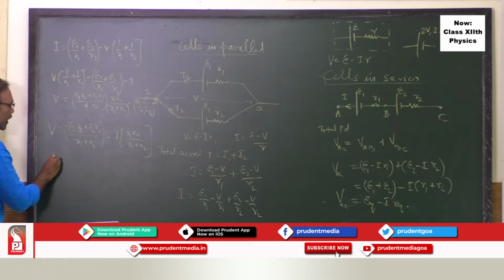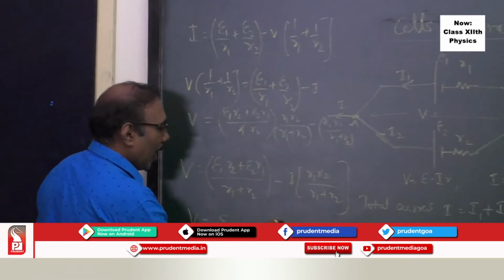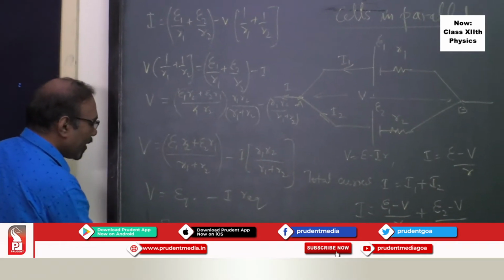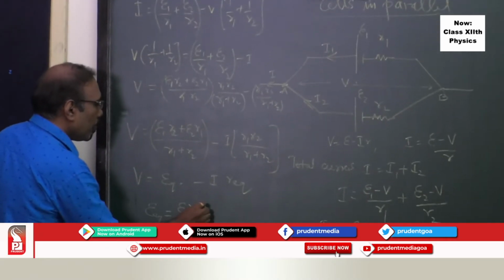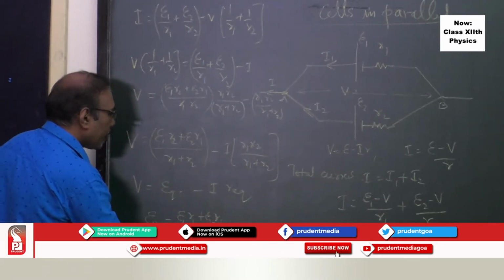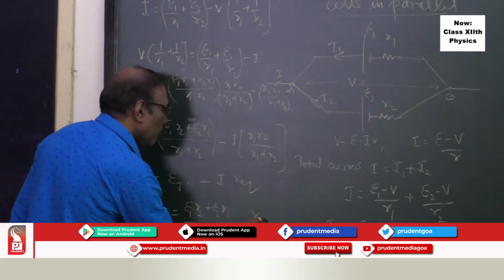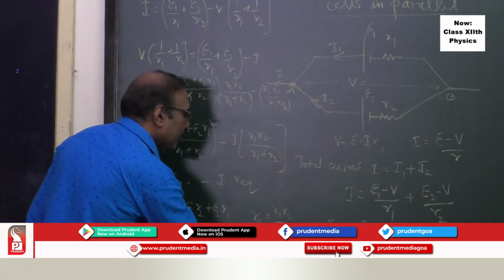So, V is equal to E equivalent minus I into R equivalent. So if they are connected in parallel, the equivalent EMF will be (E1 R2 plus E2 R1) upon R1 plus R2, and R equivalent will be equal to R1 R2 upon R1 plus R2.